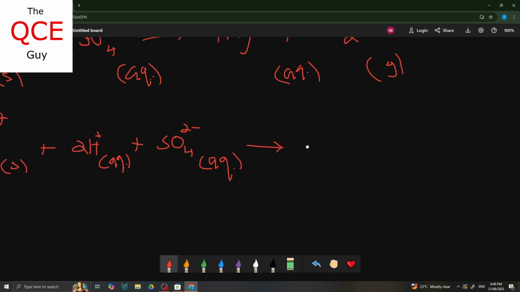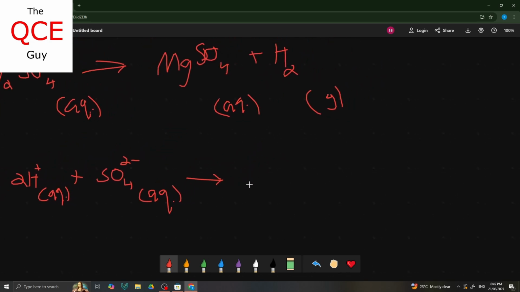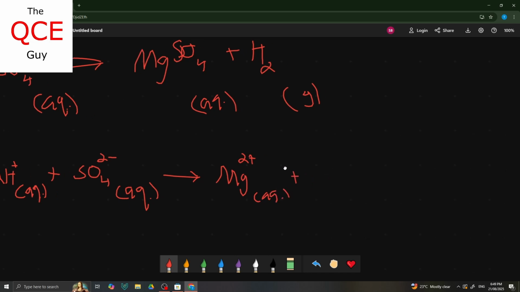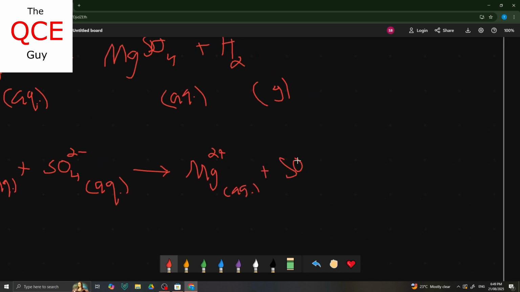That is going to result in magnesium 2+ in an aqueous form, plus a sulfate in an aqueous form. Make sure you include the charge. The charge in this case is a 2-, and you're going to have some H2.